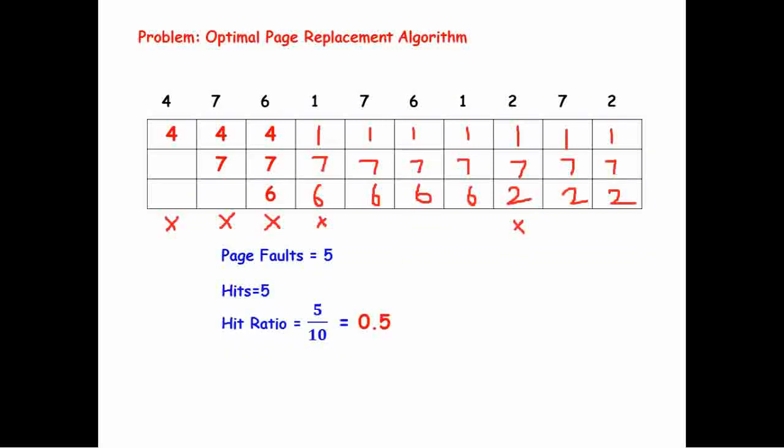Number of hits is 5. Number of misses is 5. So 5 plus 5 is 10. When 5 is divided by 10, we get the value as 0.5. Miss ratio is equal to 1 minus hit ratio. So 1 minus 0.5 will be 0.5. So this is the way to compute the hit ratio and miss ratio.